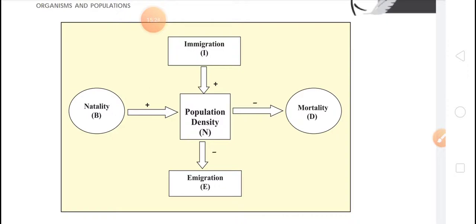Because of this, the population density will decrease. And if it is increasing, that means a sufficient amount of food and water is there in that area, and because of that, the population density is increasing.